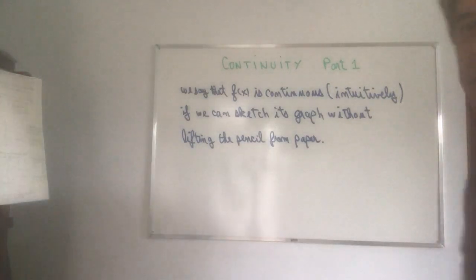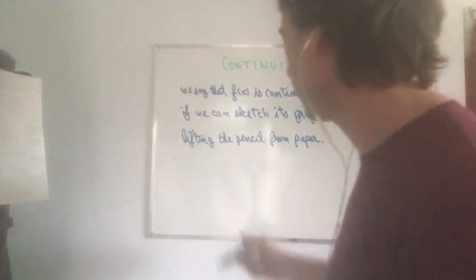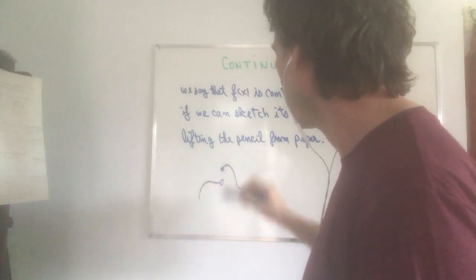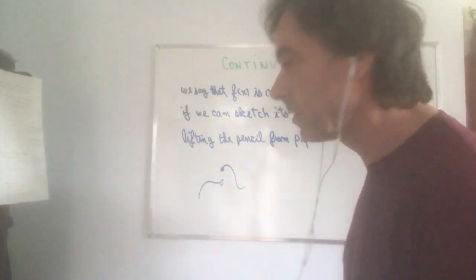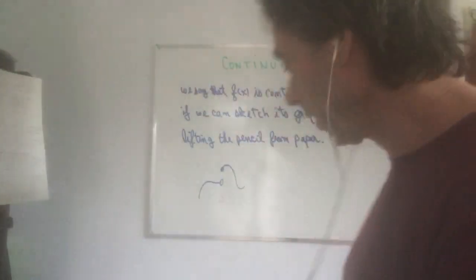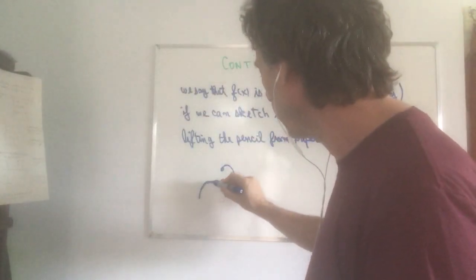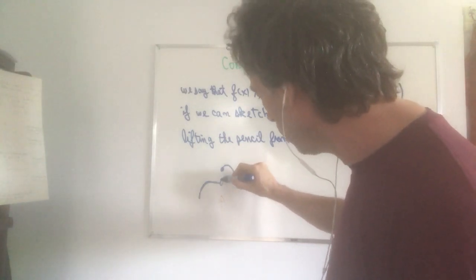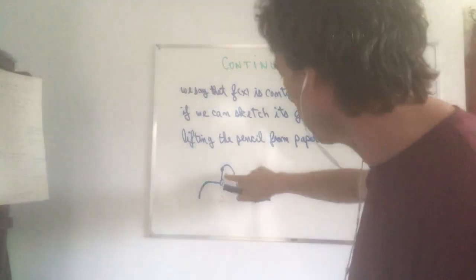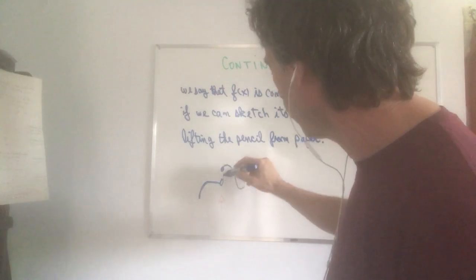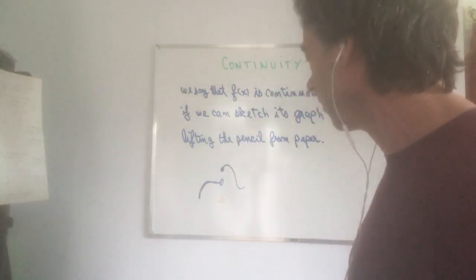So that's basically the idea. If I have to sketch the graph of something like this, then right here at this point, I have to lift my marker from my whiteboard, when I go from left to right, in order to continue over there. So I can't do this. That's not a function anymore, right? So I have to lift the marker from the whiteboard, go there, and continue the graph.